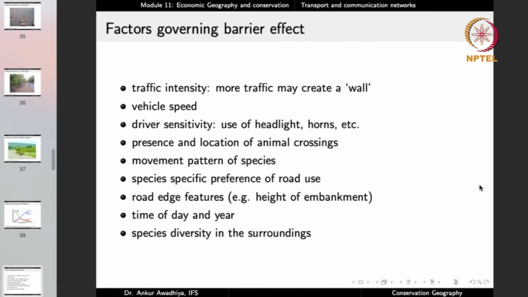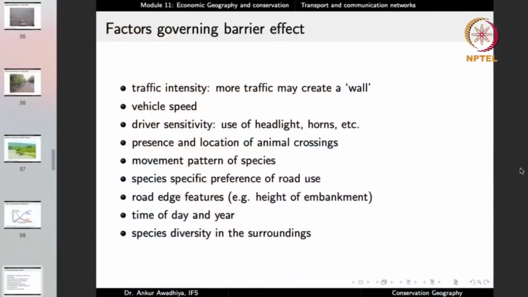There are also other factors that govern the barrier effect. So we have looked at traffic density. More traffic may create a wall, but it also depends on the vehicle speed. So if the speed of the vehicles is very high, then the animals are even more afraid.